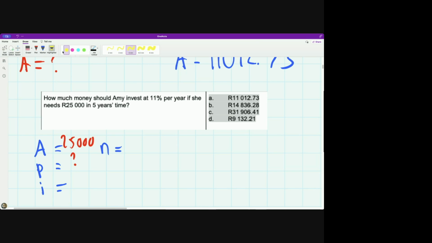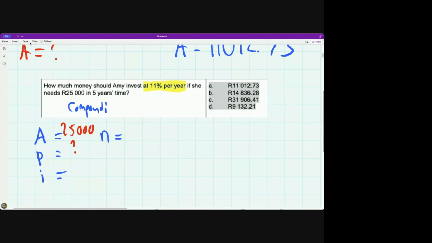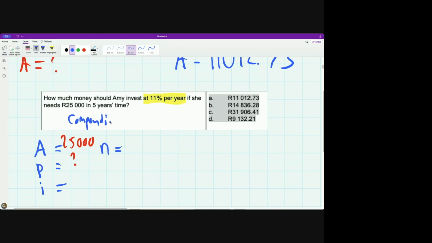11%. Let's go and look. 11% per year. Now, it doesn't say anything about compounding over shorter intervals. In fact, they should have said compounding yearly.